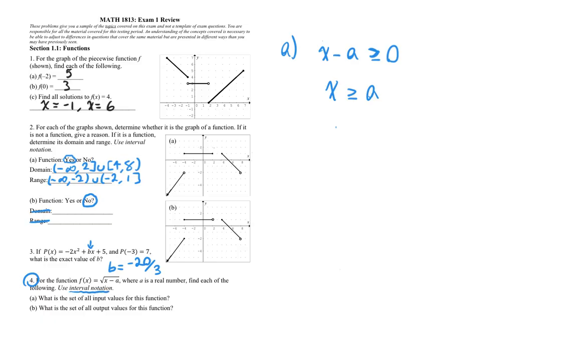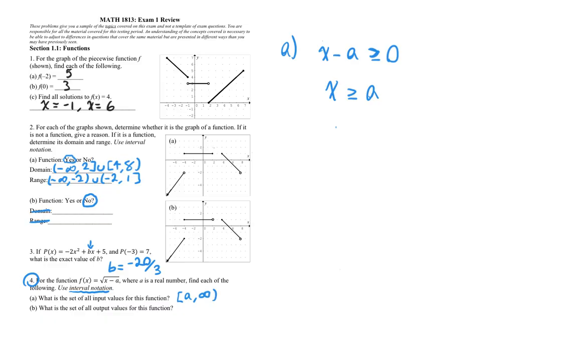So the set of all input values for this function is going to start at a, because remember, a is a real number and x is our variable. But where do we stop? There's no limit. We can take the square root of the biggest number imaginable and still get an answer. So this is going to go to infinity.